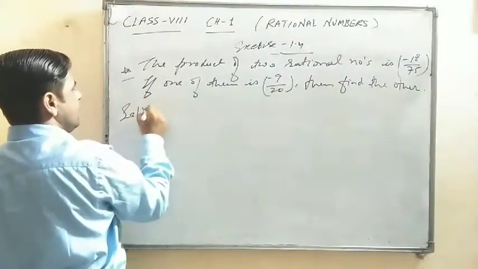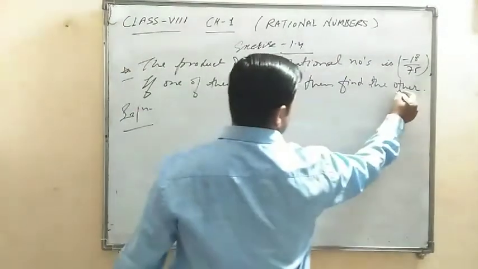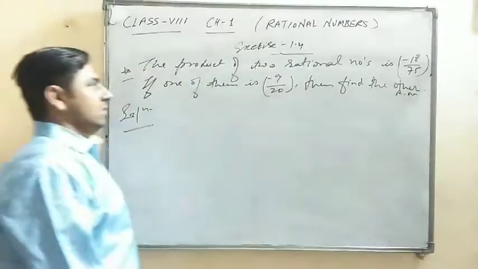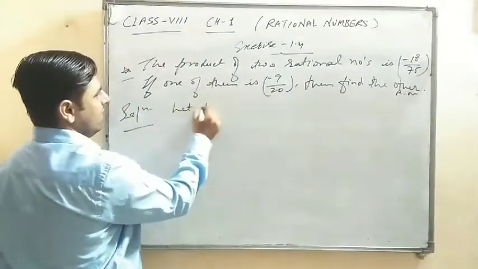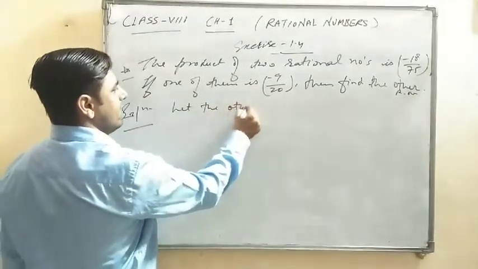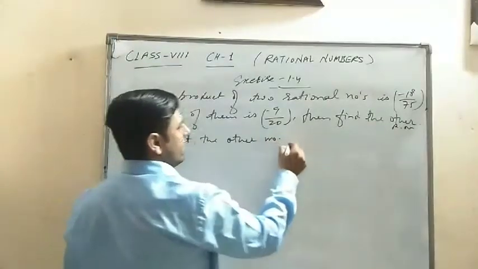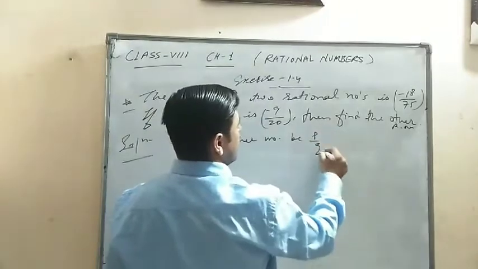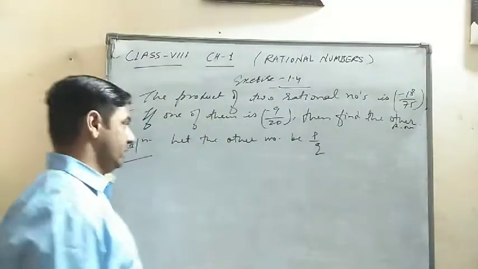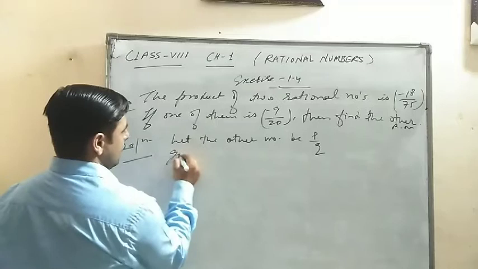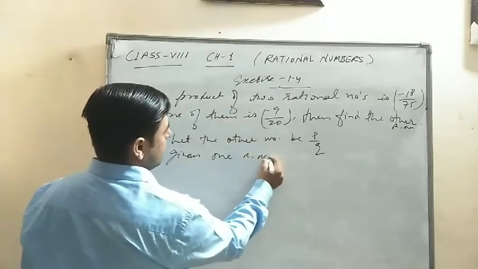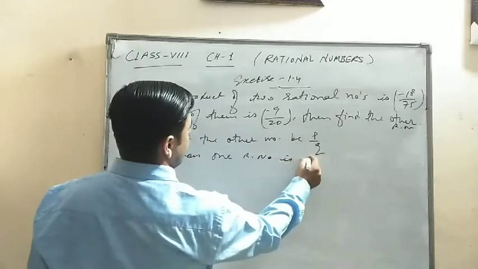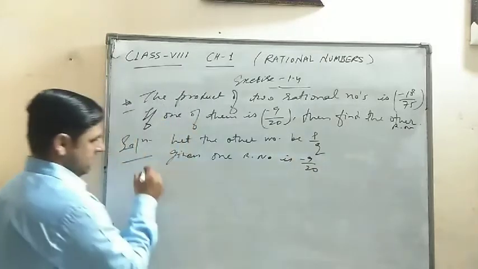So its solution is, firstly, let the other number be P upon Q. So given, one rational number is minus 9 upon 20.